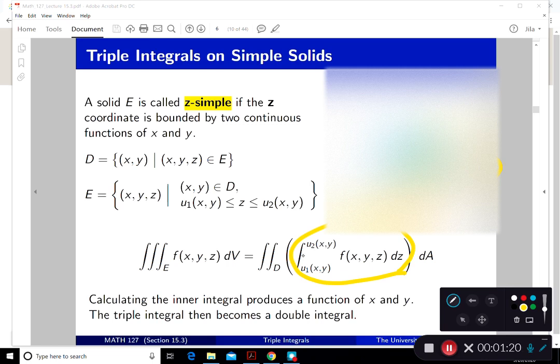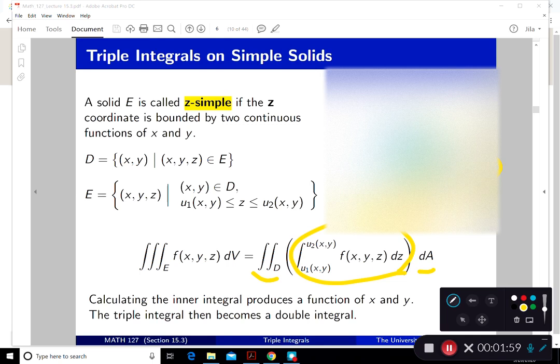And so u1 of x and y and u2 of x and y are the bounds, and we integrate f of x, y, and z, which is whatever density function that is, dz. Now, the next step is I have to figure out what the outer limits are going to be. So the way this is set up, after we find the direction of the simple region, then we find the projection of the solid on the plane that contains the other two axes, basically.